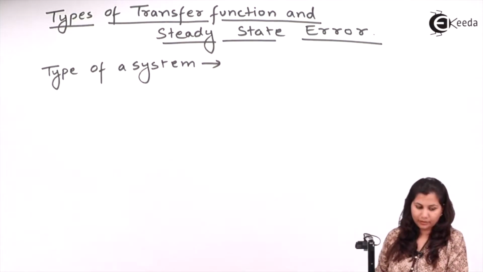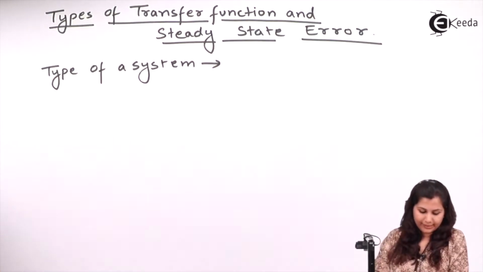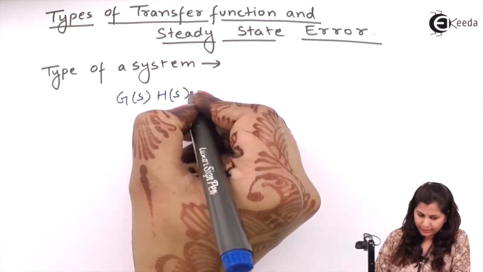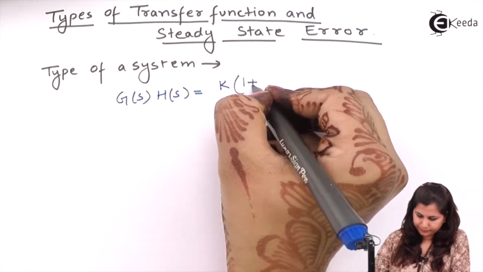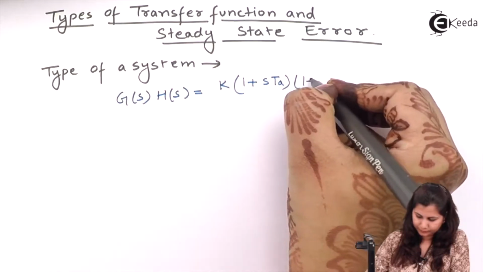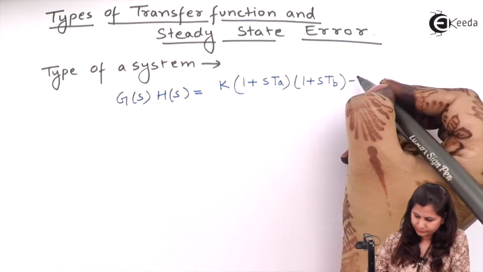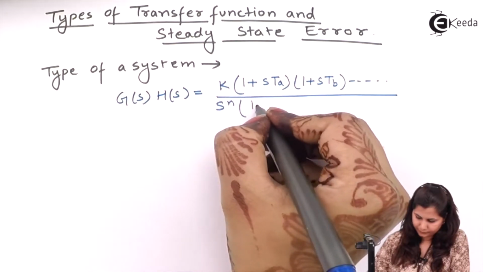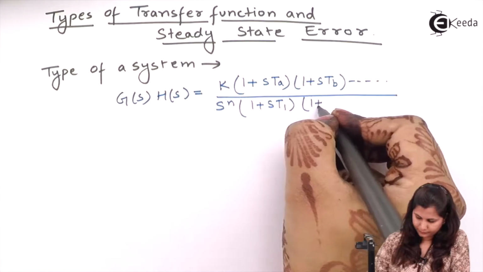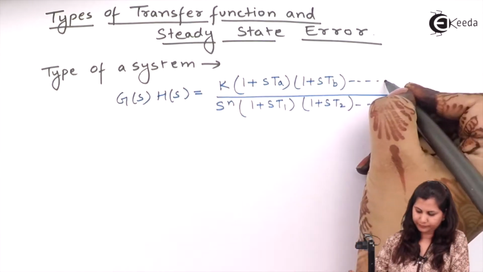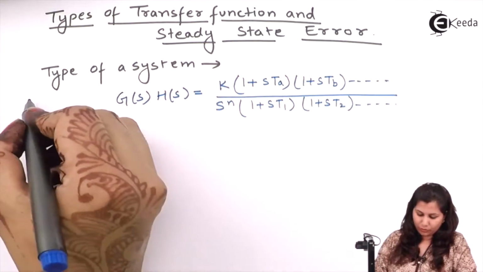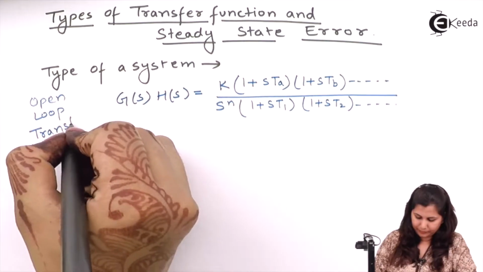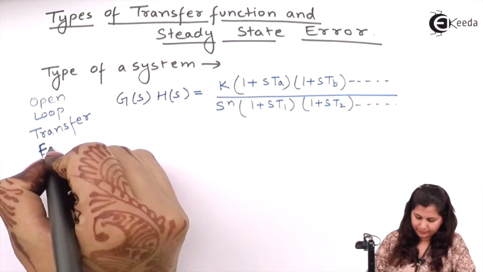As we know, the open loop transfer function of a system is given by the equation G(s) = K. So this is how we represent the open loop transfer function of a system.